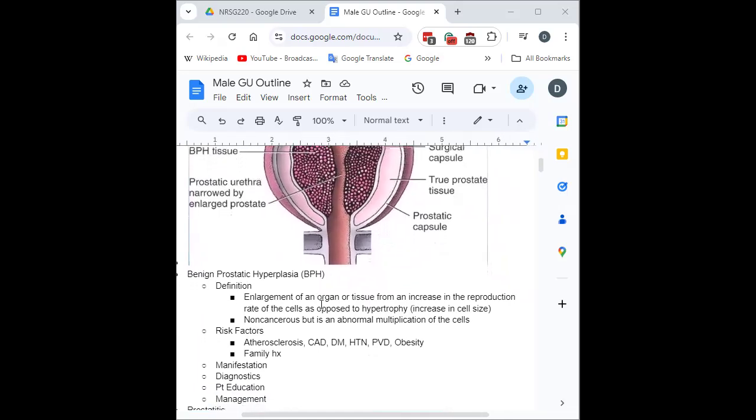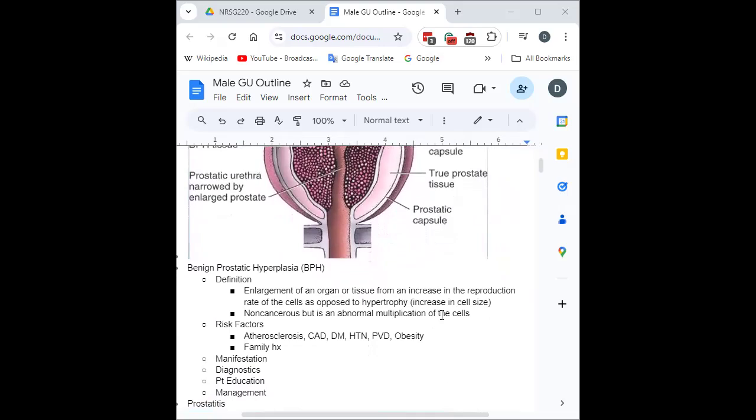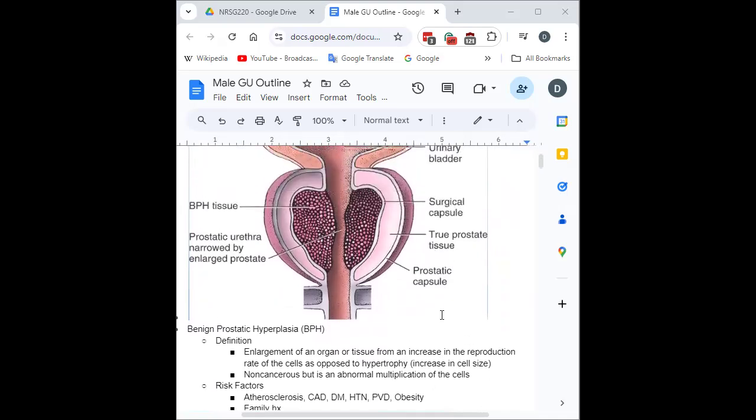And I believe specifically they say it's an increase in the reproduction rate as opposed to pure hypertrophy, an increase in cell size. It's non-cancerous. But you can see here how the increase in that prostatic tissue is going to cause some constriction and pressure.